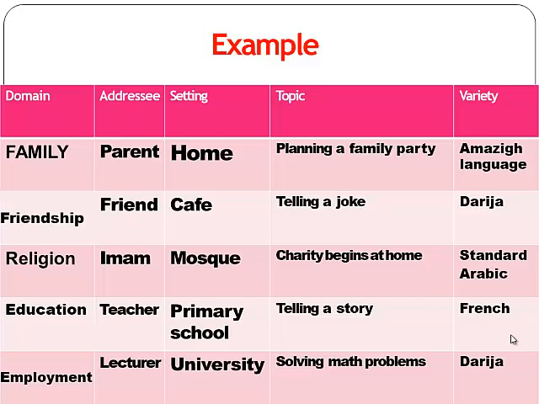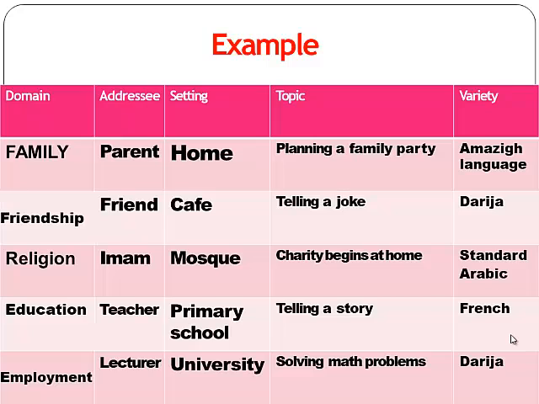If you look carefully at this table, the domain of the interaction is family, in which we have typical participants, family members, in a typical setting, which is home, about typical topics, which are family activities, and the variety we are using is our mother tongue, the Amazigh language.